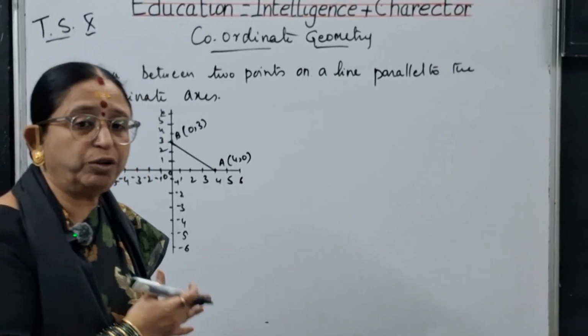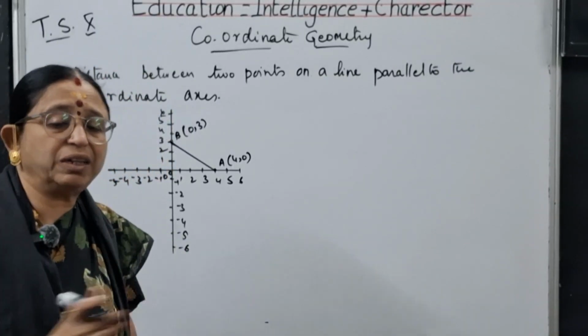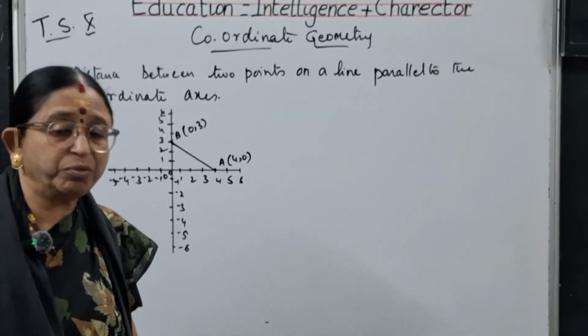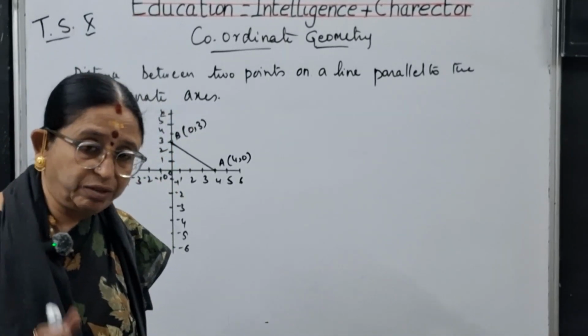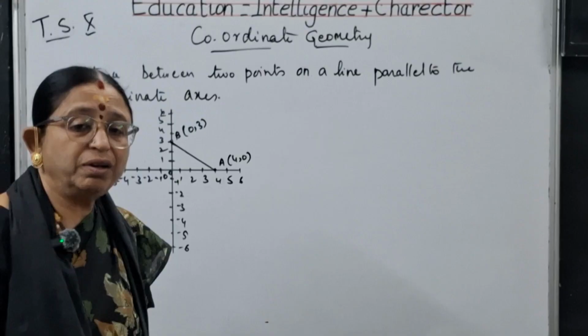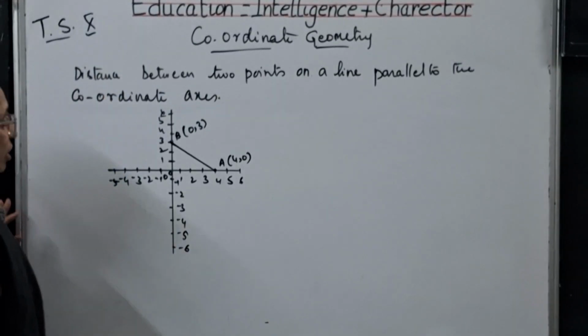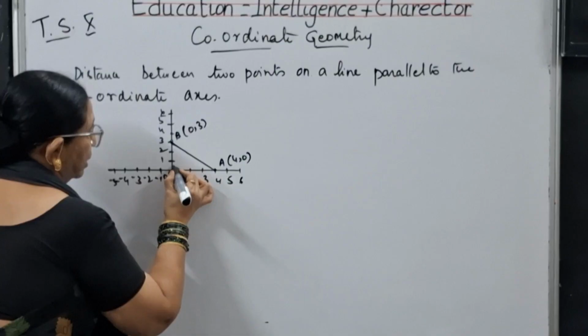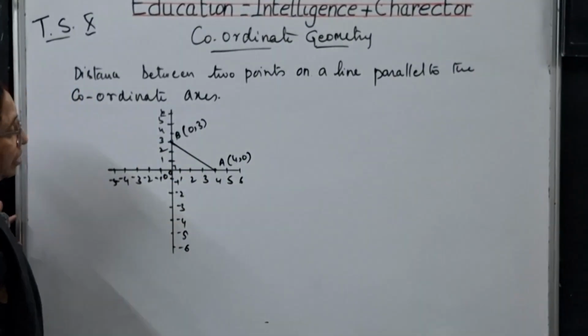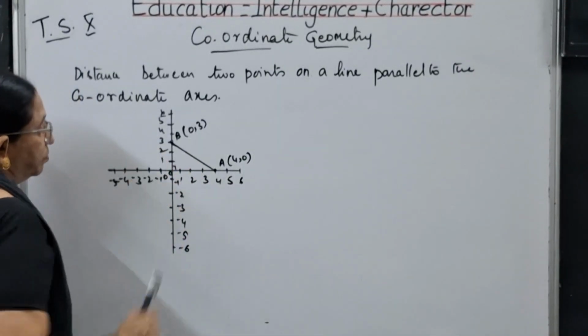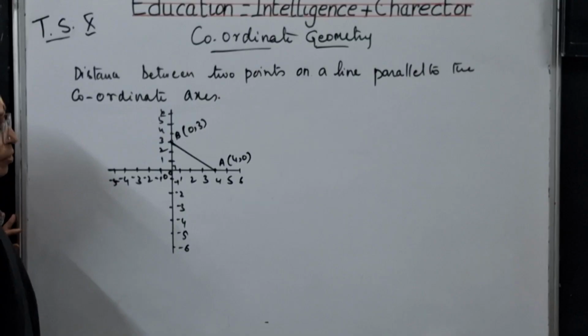But at present, that derivation is not there. That formula, you don't know anything about it. So it is better to do this sum in this way only at present. So here, what are we getting? You are getting a right angle triangle. No? The coordinate axes are totally perpendicular.